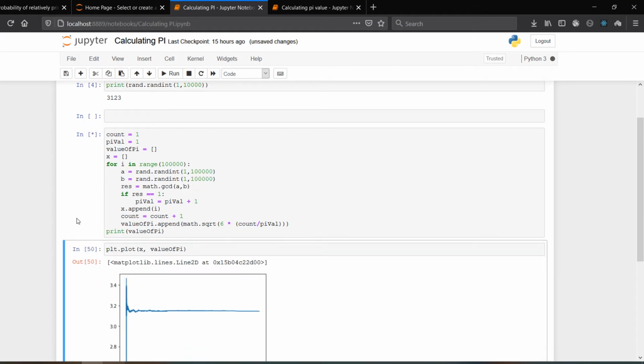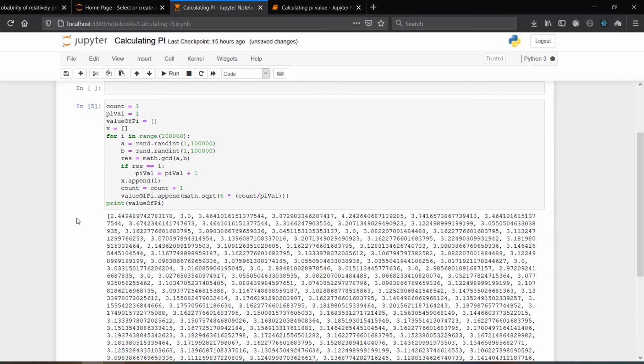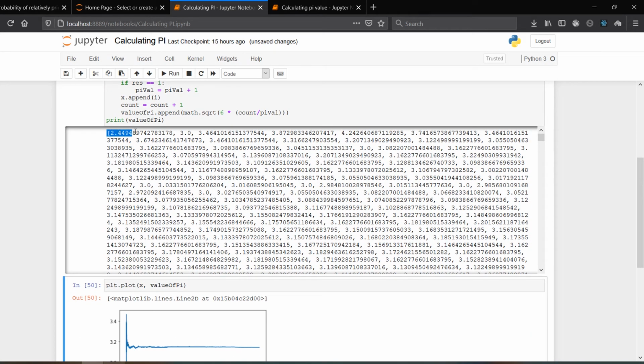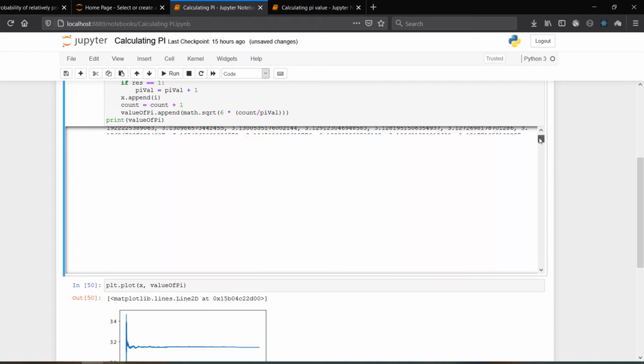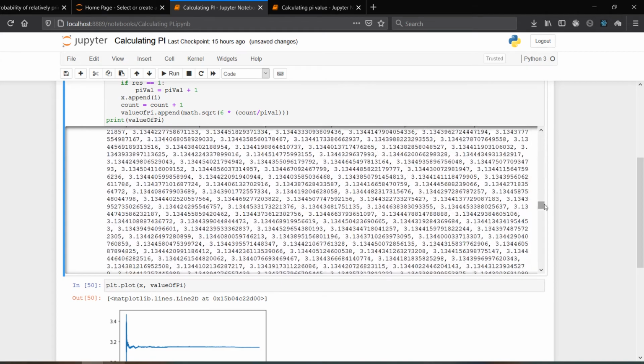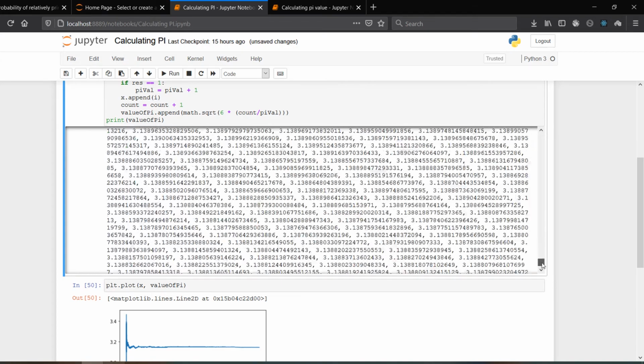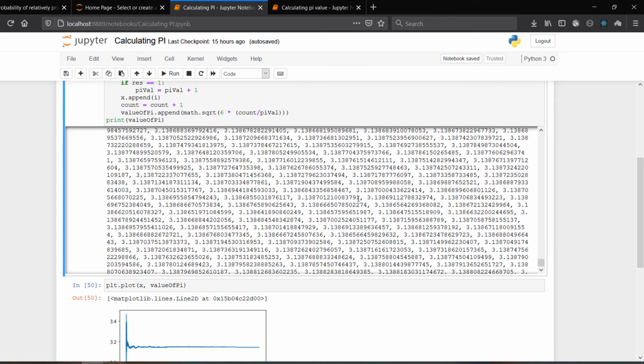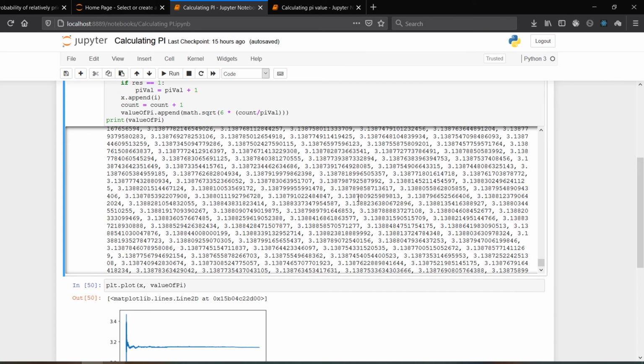Let's run it. It will take some time. Okay, here are the results. For the first time it will come up with some random values, so let's not take that value. If we go far and far, you can see 3.138.